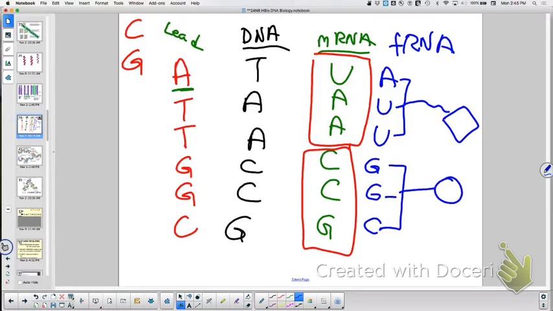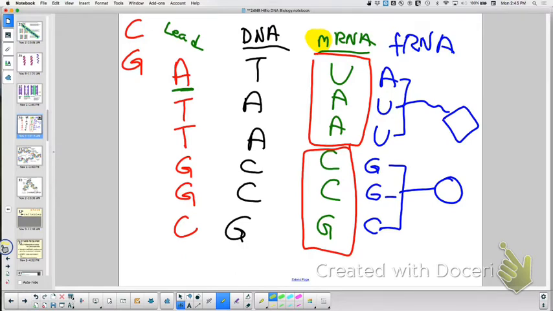Yes. Which ones would you refer to if you're looking at a chart and trying to find an amino acid? Which one do you look up? Tell me. You always look up the mRNA, the codons. And you know how you're going to remember that? What does the M stand for? Messenger. Yeah, you always look up the messenger. Always look up the message. Okay? Because remember, when we make that message can change depending on what we cut out, right?